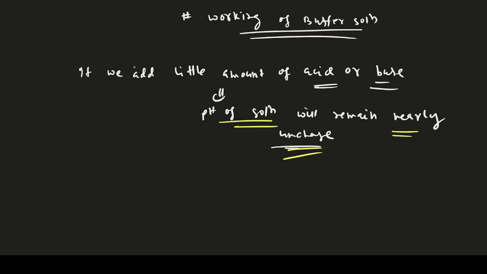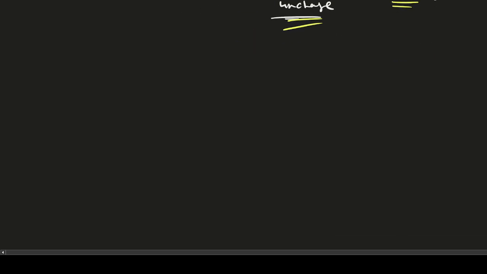Okay, so that's what is called a pH buffer. Buffer means if you add a little amount of acid or base to the solution, then the pH of the solution will remain unchanged. That's called a buffer solution. Now we are looking at how it works. Why, if you add a little amount of acid or base, is the pH of that solution not changing if the solution is a buffer? That reason, the answer, we are going to understand now.